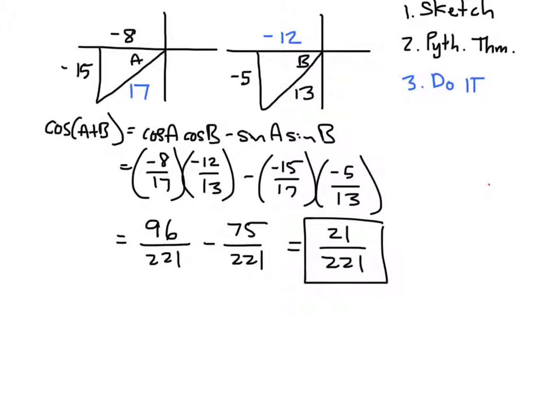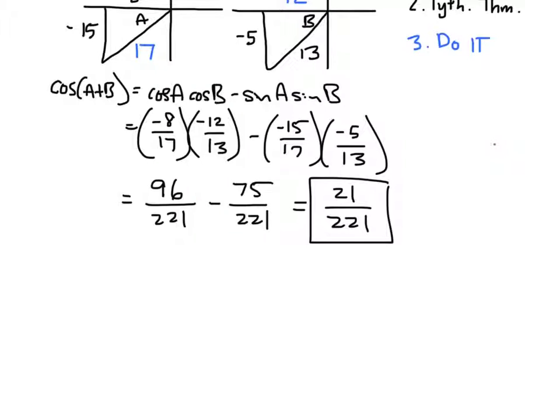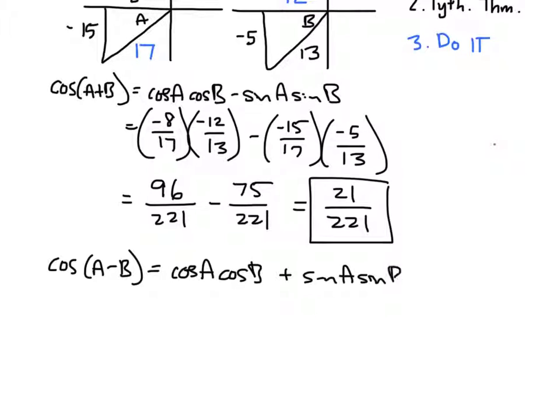Now, finding the cosine of angle A minus angle B is actually pretty quick once we've done that, because look at the formula. The cosine of A minus B is the same formula: cosine A, cosine B, plus sine A, sine B. So all I have to do is take my 96 over 221 and add the 75 over 221, because we'd already found all those things.